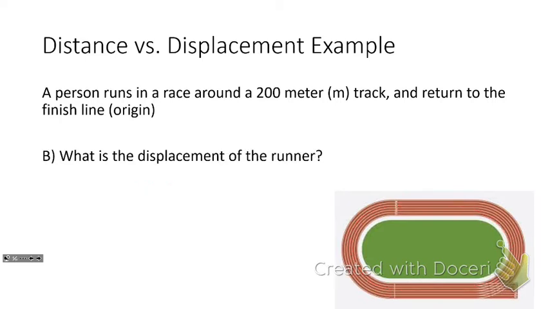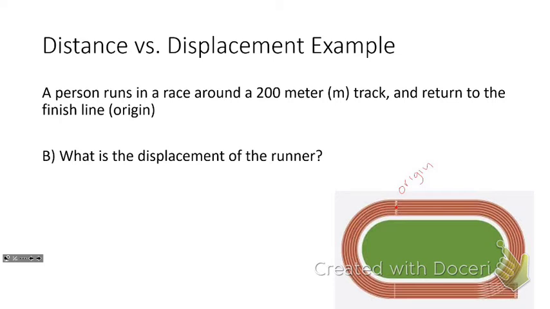What is the displacement of the runner if it is back at the origin? 0. I agree. Here is our origin, and remember that displacement is how far the object is from the origin.